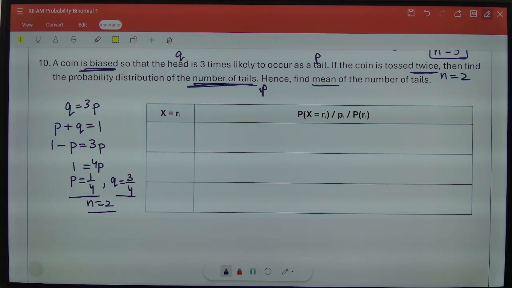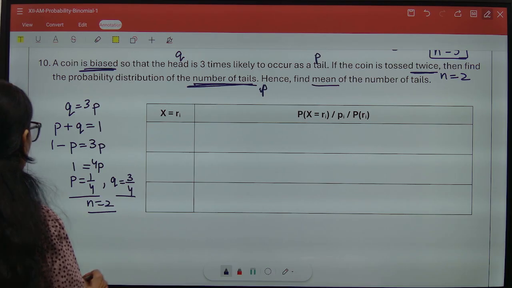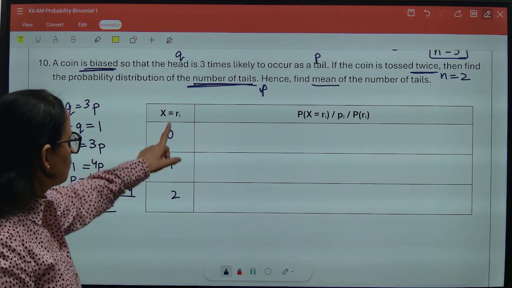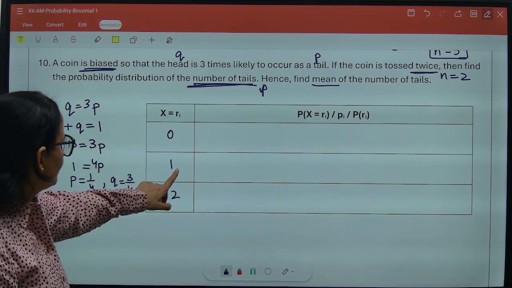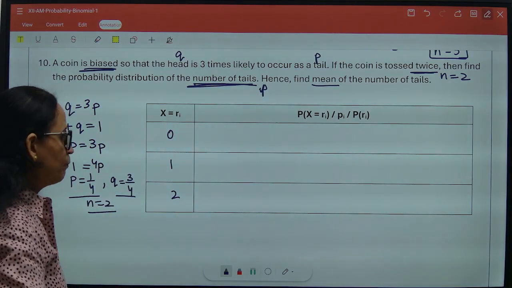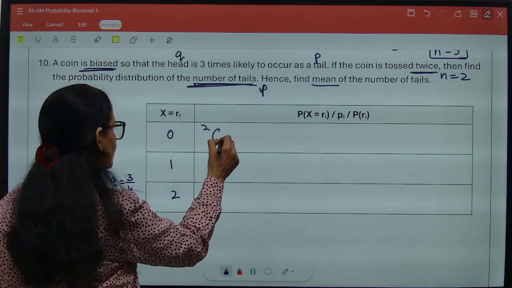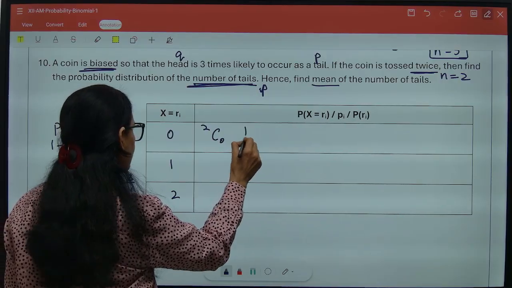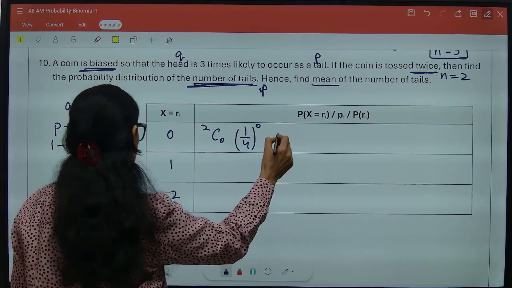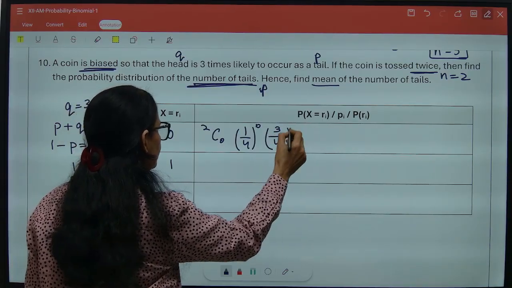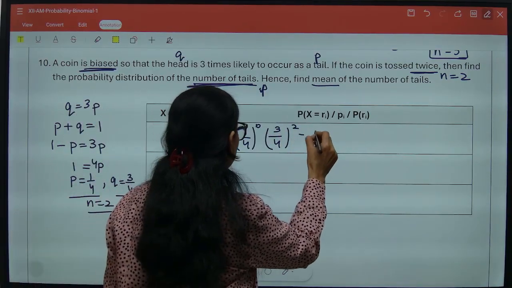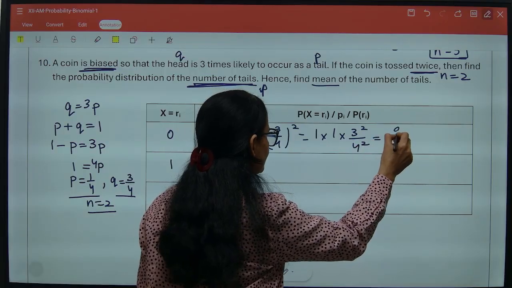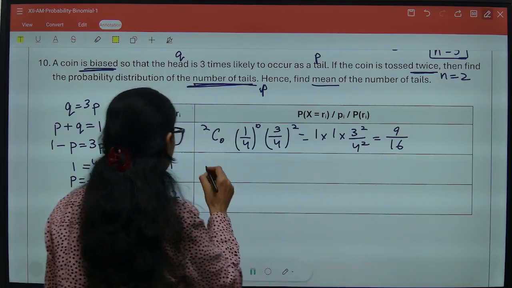Now how many tails can be there? Because n is 2, the possible values of x can be 0, 1 and 2. That means you do not get any tail, one tail or maybe two tails, right? So it is 2C0, (1 by 4) to the power 0 and then (3 by 4) to the power 2. So this is 1 into 1 into 3 square upon 4 square. 3 square is 9, so 9 by 16.